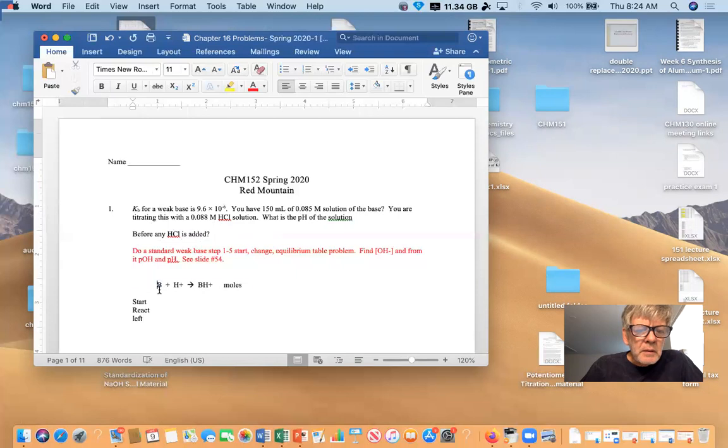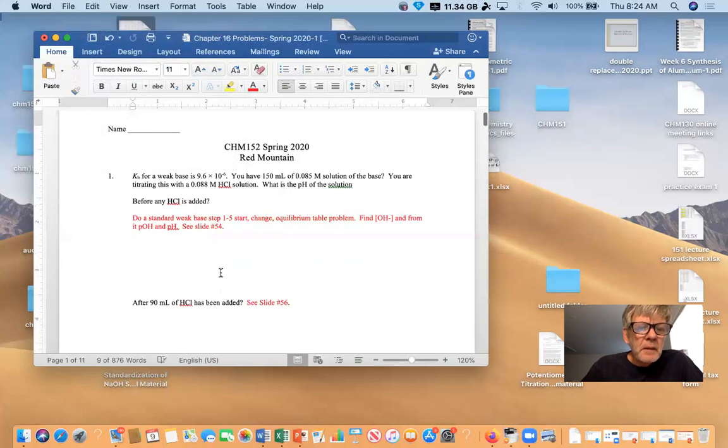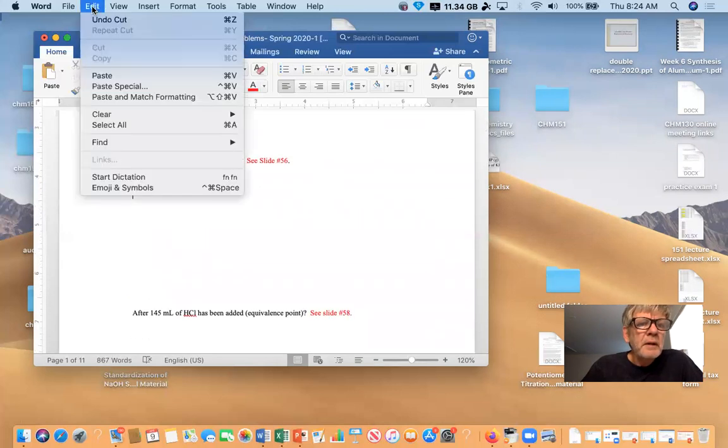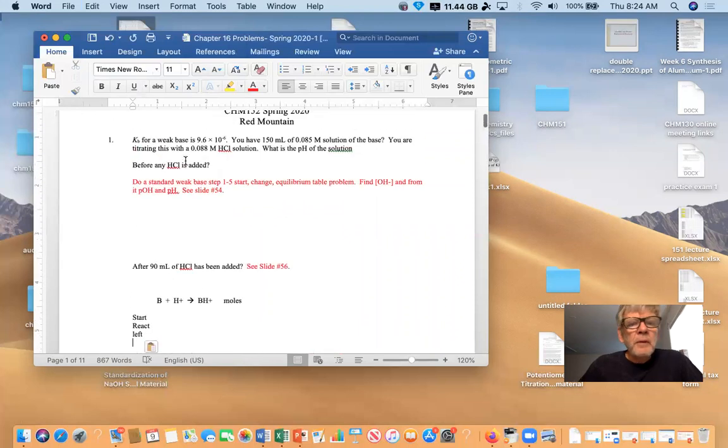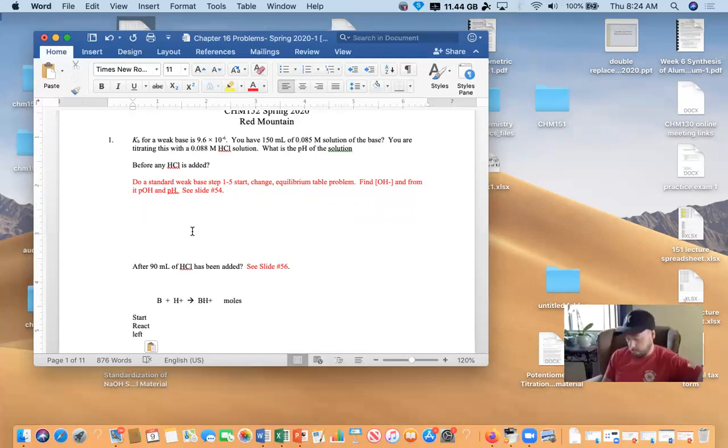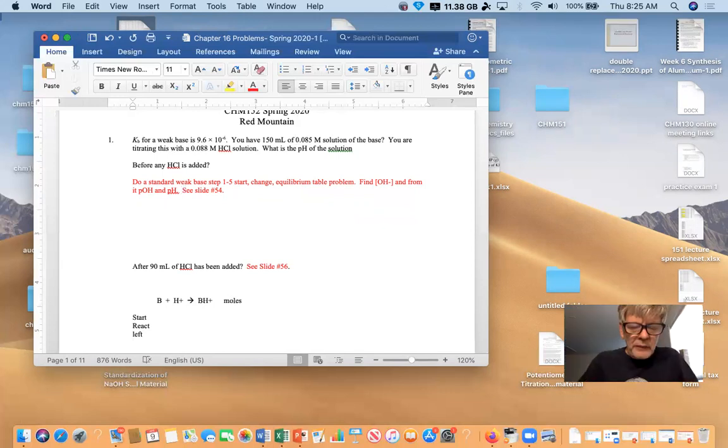So I'm going to cut that, and I'm going to paste it down here. The first question is we haven't even started our titration. So in fact, all we do have is our weak base. And so this is really a chapter 15 problem that we just looked at an example of. So just a basic Kb problem. And that's kind of what I've got written up there also, chapter 15.